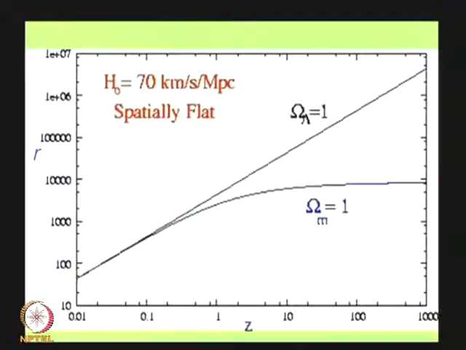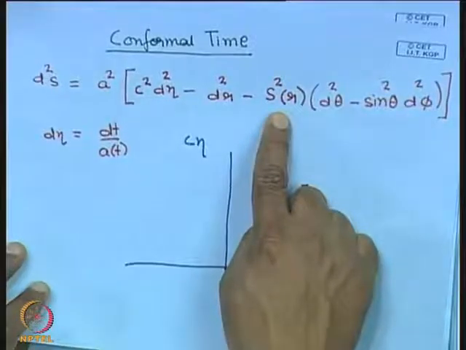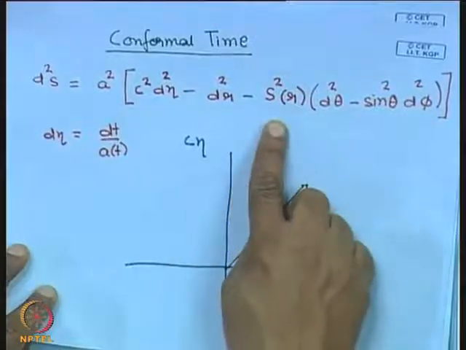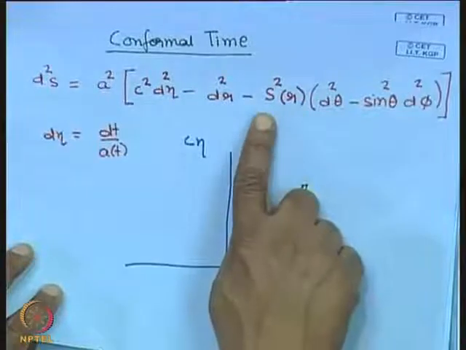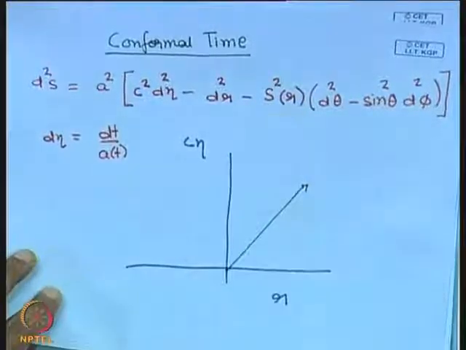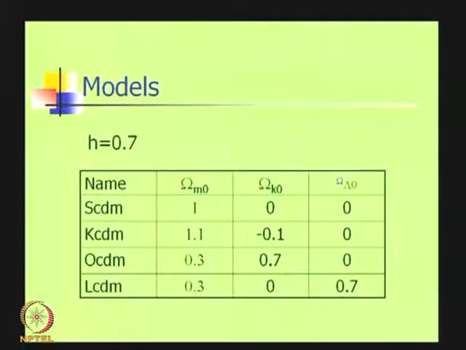The other thing that is important, which I should also show you now, is that you have another function which is S. You have two functions coming into the picture. Let me also show you how S behaves with redshift, because given the redshift you can determine r, and from r you can determine S. If the model is spatially flat, S and r are exactly the same. But if the model has curvature, then they will be different.